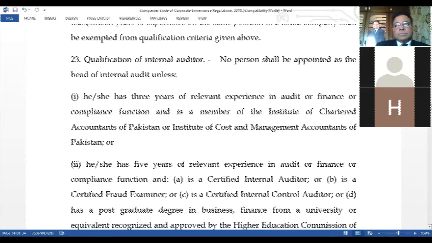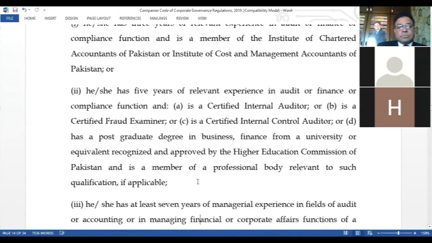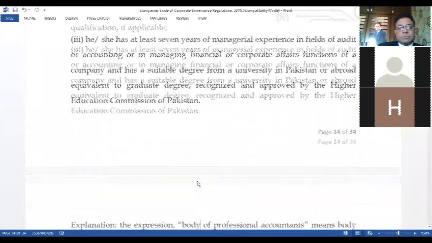And is a certified internal auditor, or a certified fraud examiner, or a certified internal control auditor, or has a postgraduate degree in business finance from a university or equivalent recognized and approved by the Higher Education Commission of Pakistan, and is a member of a professional body relevant to such qualification, if applicable.